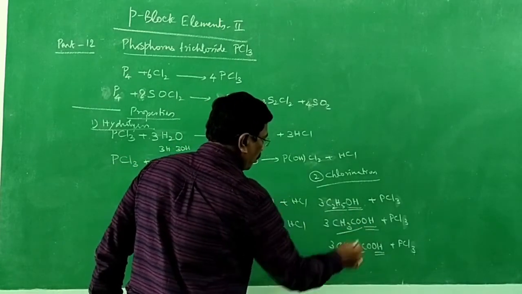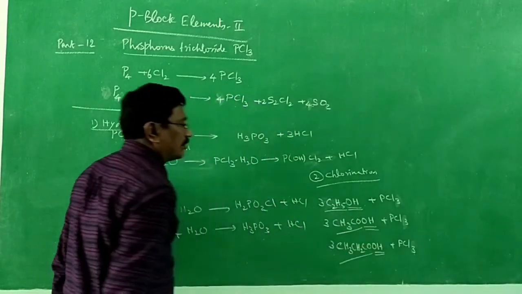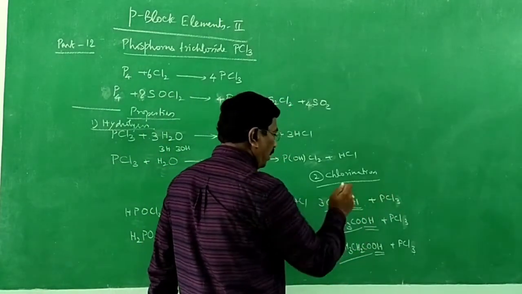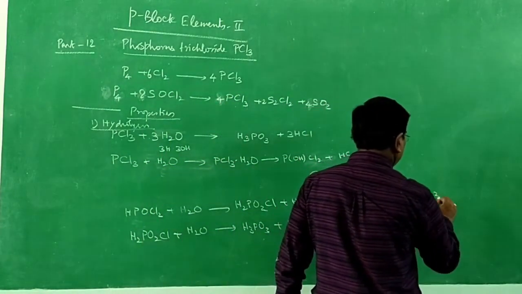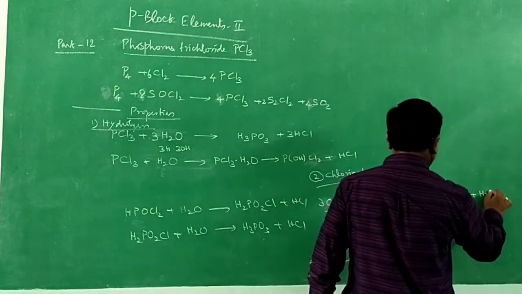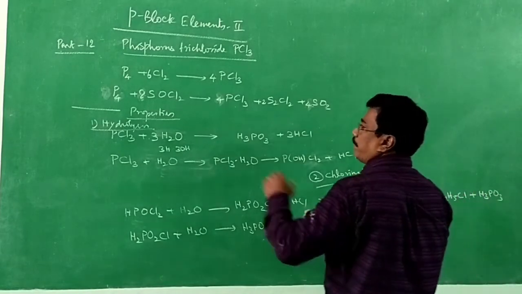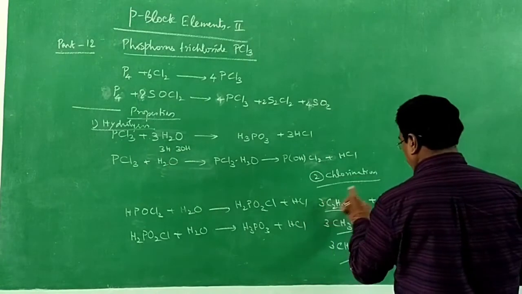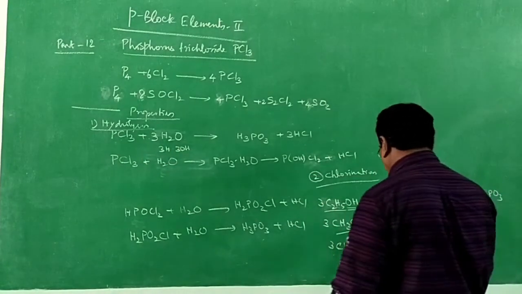3 ethyl and 3 OH. 3 acetyl and 3 OH. 3 propanyl and 3 OH. And instead of 3 OH, 3 chlorine will be replacing. You will be getting 3 C2H5Cl plus H3PO3. Same thing, H3PO3 plus 3 HCl. 3 hydrogen with 3 chlorine. 3 ethyl with 3 chlorine, that's all. 3 acetyl with 3 chlorine.